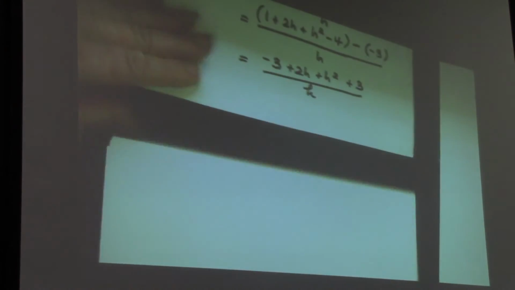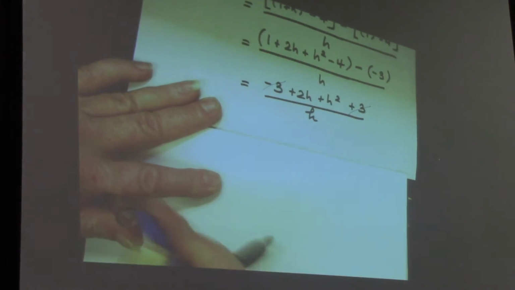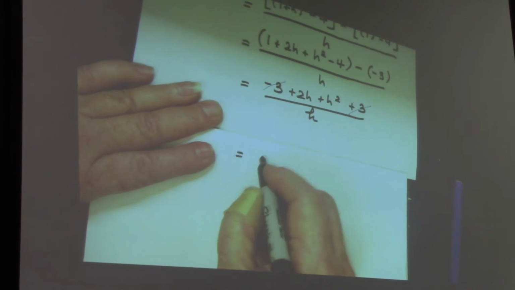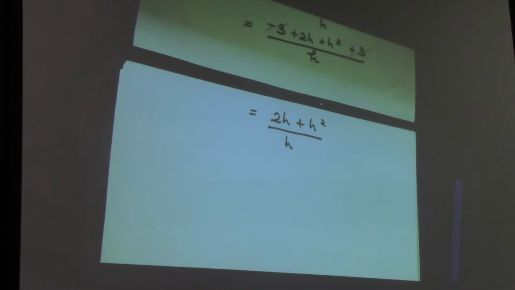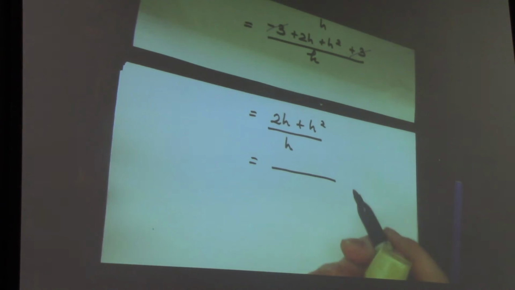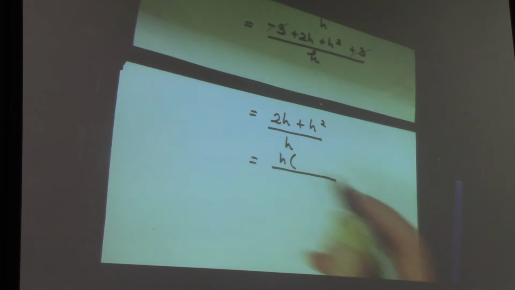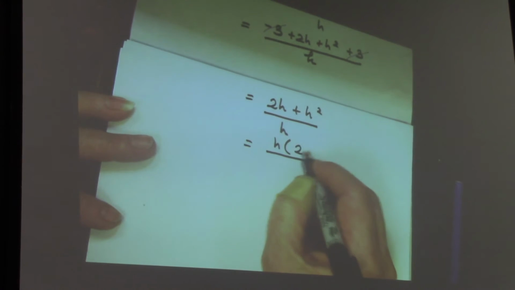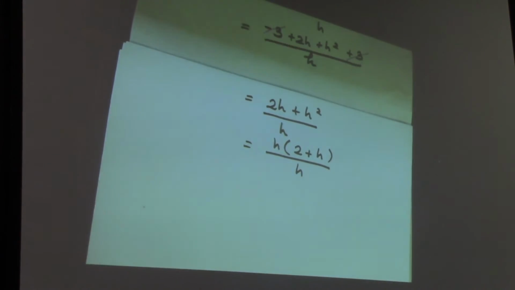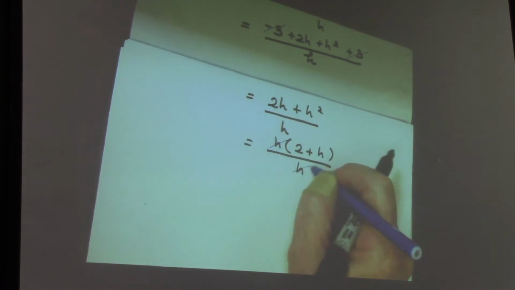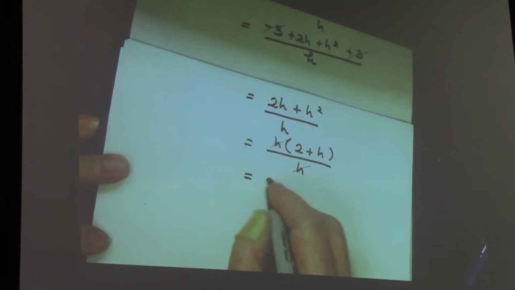What happens? The negative 3 cancels with the plus 3. So you end up with 2h plus h squared over h. Both terms in the numerator have h as a common factor, so you take out that common factor of h, and what's left is 2 plus h over h. Those h's cancel, and so we've got 2 plus h.